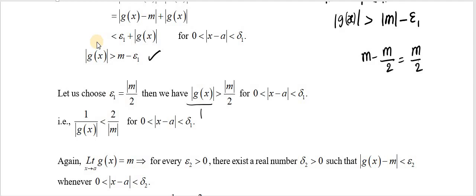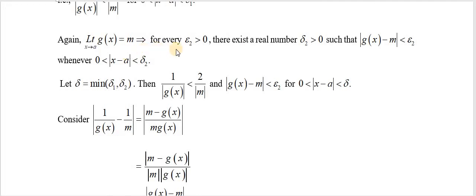Again, by using the definition of a limit of a function, we can write for every epsilon 2 greater than 0, there exists delta 2 greater than 0 such that modulus of g of x minus m less than epsilon 2 whenever 0 less than mod x minus a less than delta 2.